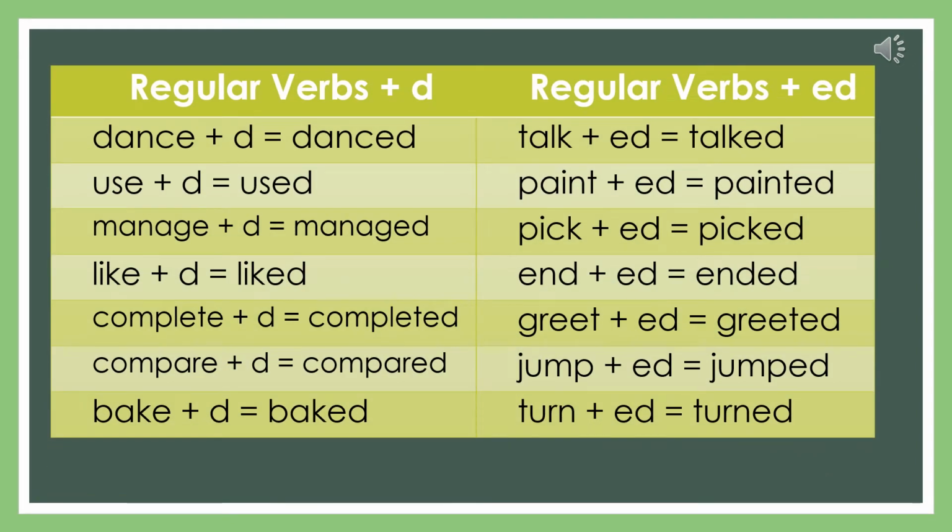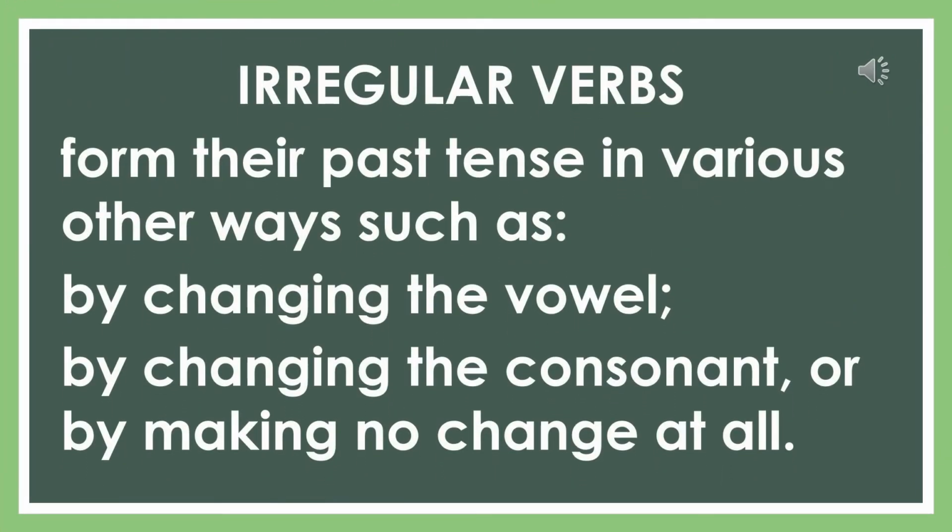The following are examples of regular verbs that add d and ed to the present form. Irregular verbs form their past tense in various other ways, such as by changing the vowel, by changing the consonant, or by making no change at all.